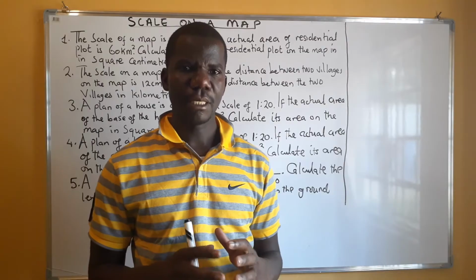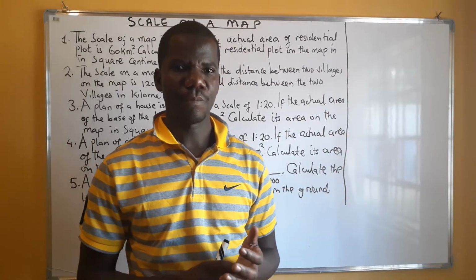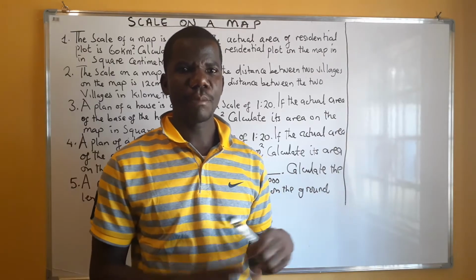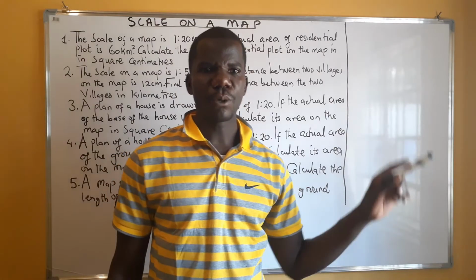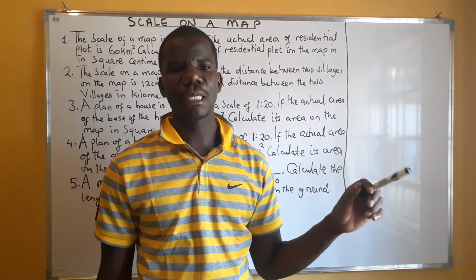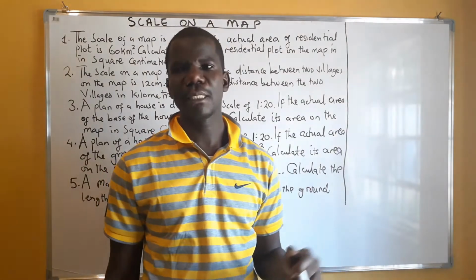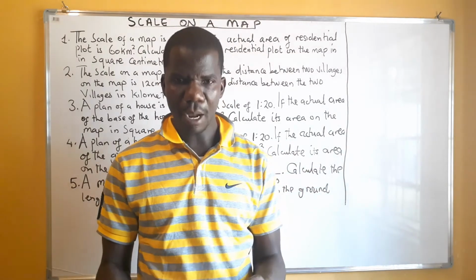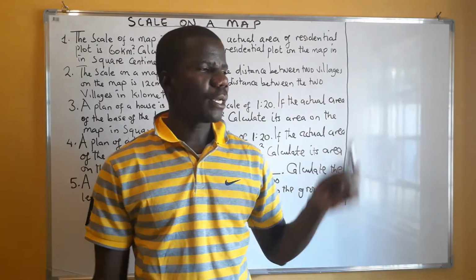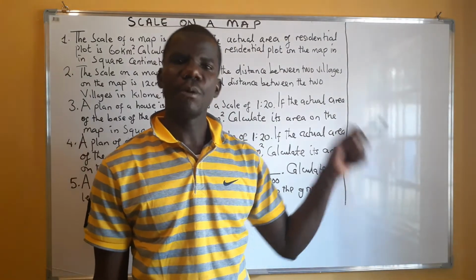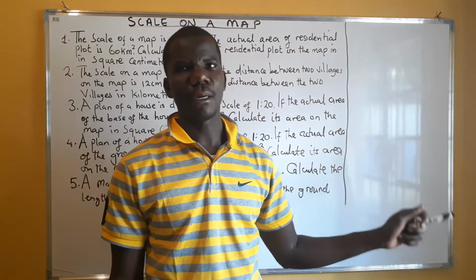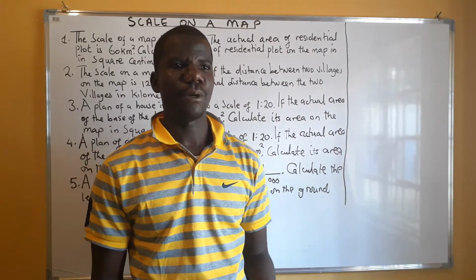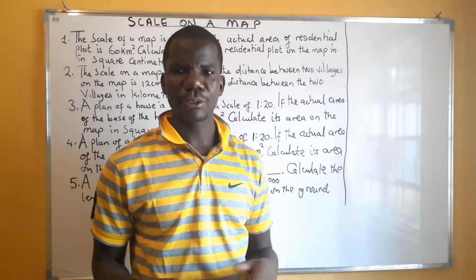So it means that it has been defined to some scale, to say maybe 50 kilometers on the ground is going to represent 1 centimeter on the map. So where you measure 1 centimeter on the map, it means that when you go on the ground, you need to measure 50 centimeters. I mean, 50 meters. That's an example.